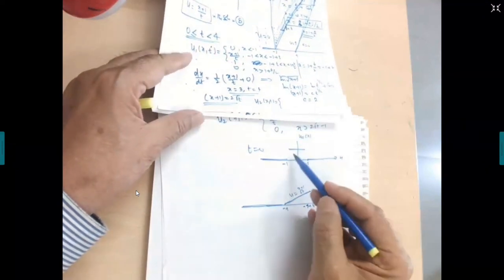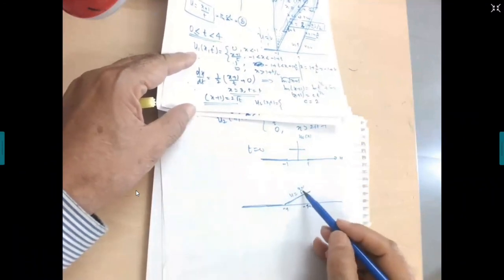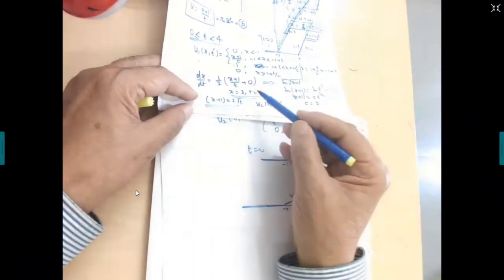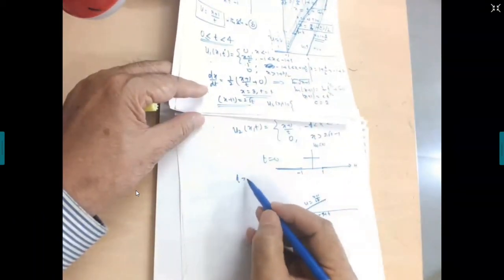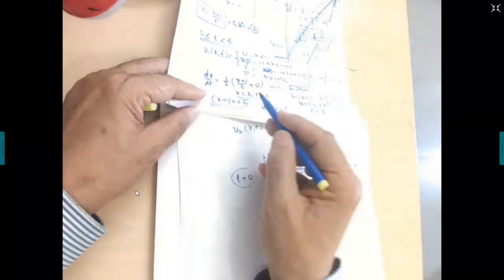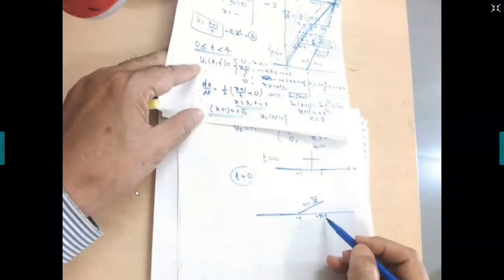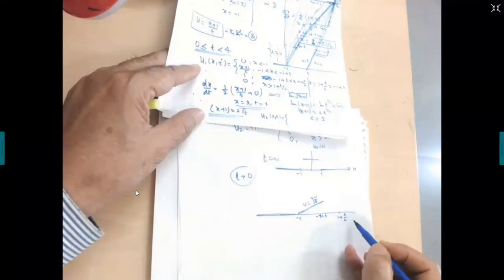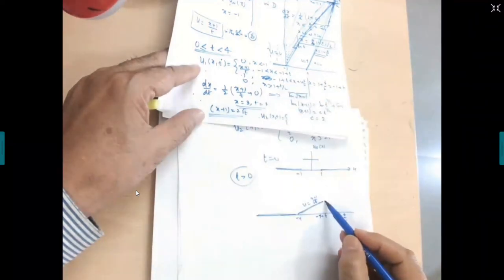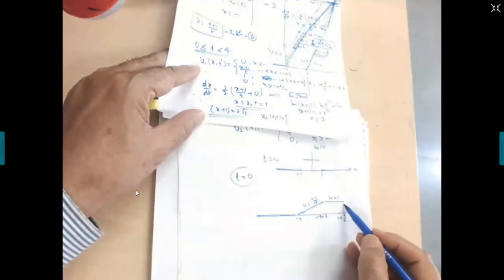So this rectangular waveform undergoes distortion with time. This is t equal to 0; when t is greater than 0, it undergoes change. The solution looks like this: from -1 plus t to 1 plus t by 2, u is equal to 1, and then it becomes 0.